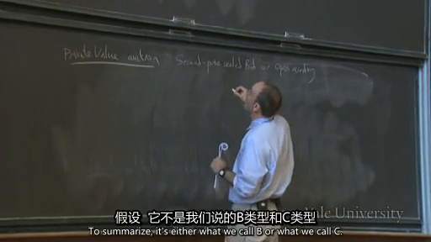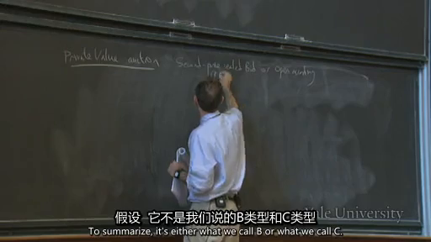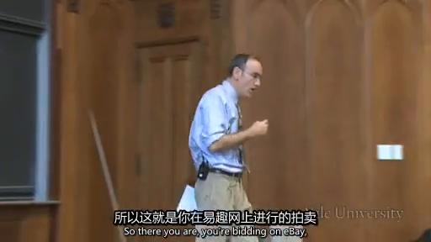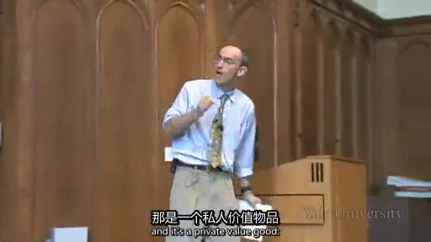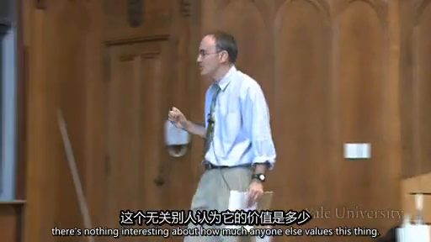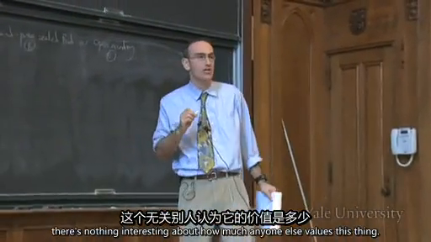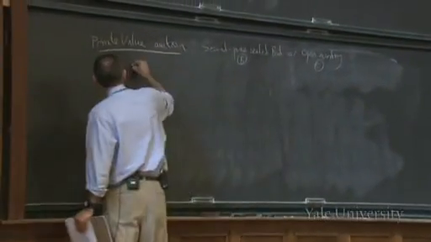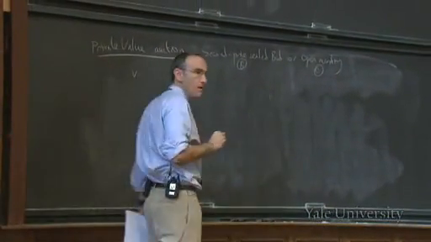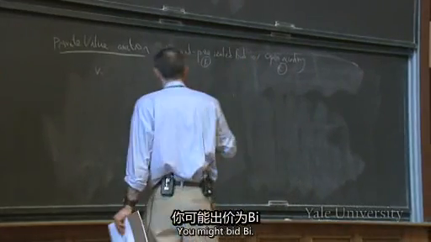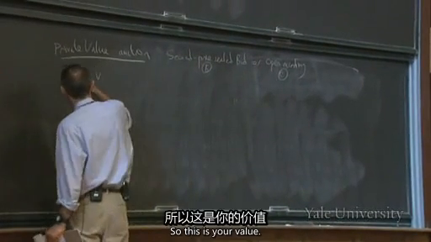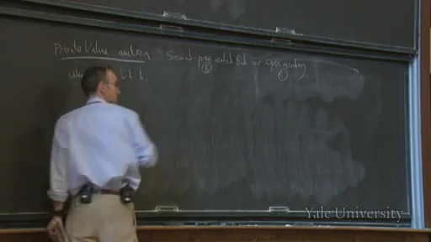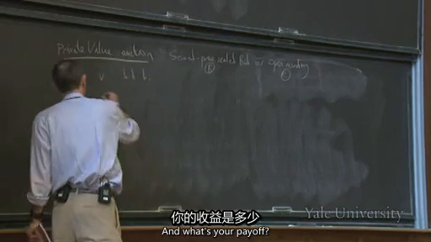To summarize, it's either what we call B or what we call C. All right, so there you are, you're bidding on eBay, and it's a private value good. There's nothing interesting about how much anyone else values this thing. So what's your value? Your value is VI. You might bid BI. So this is your value, your bid is BI. And what's your payoff?